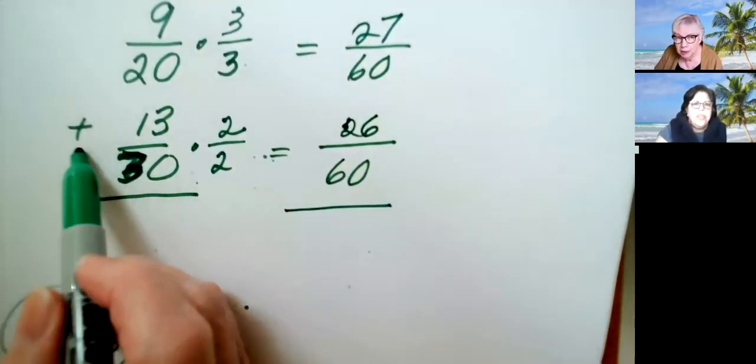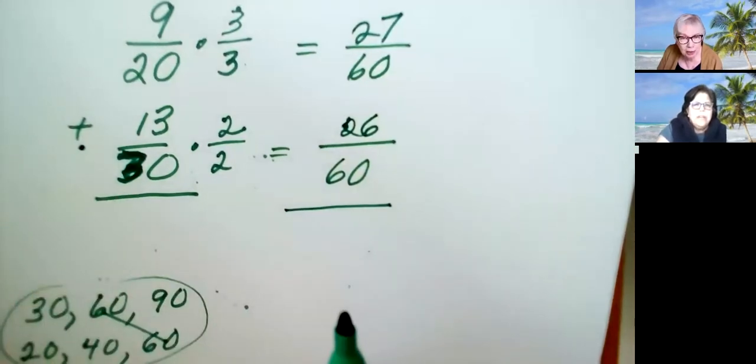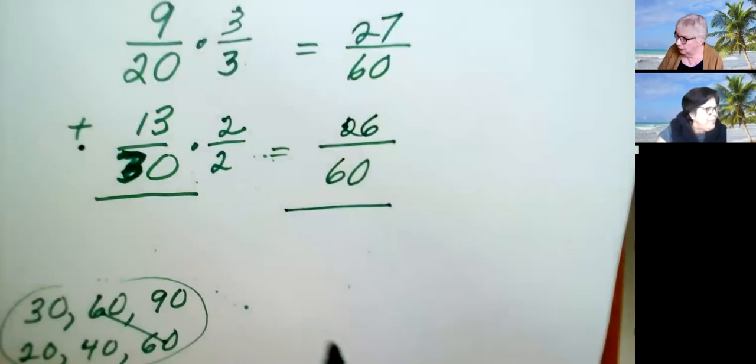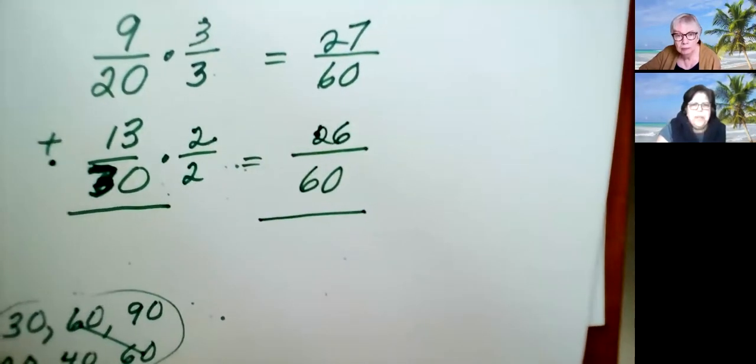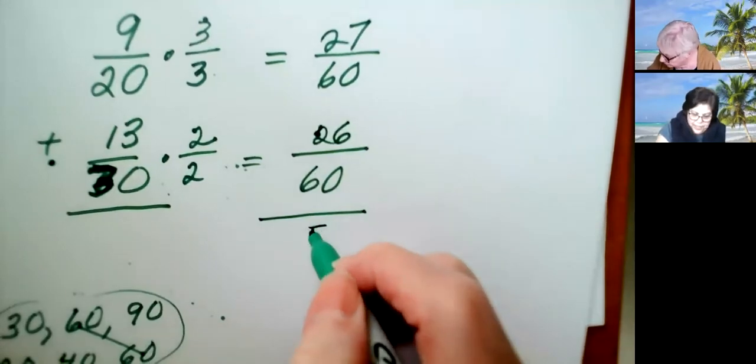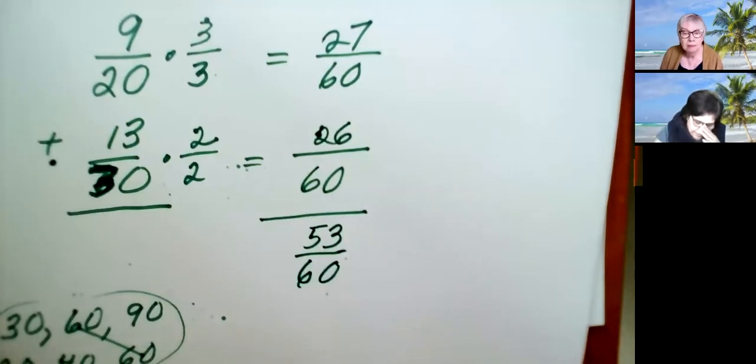Wait a minute, oh, you have to add them? I don't know, was it add or subtract? I thought it was add. Okay, so better add. 13 plus 53, over 60. Now let me see.